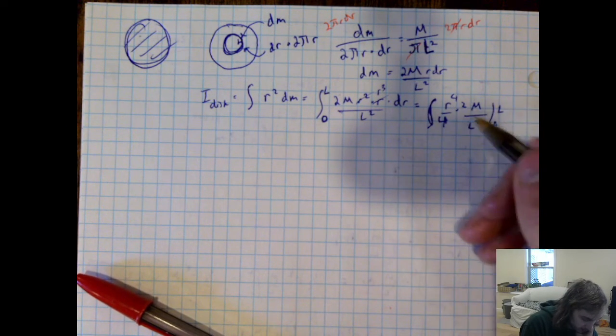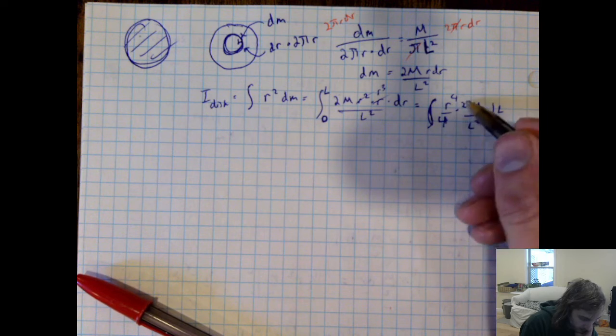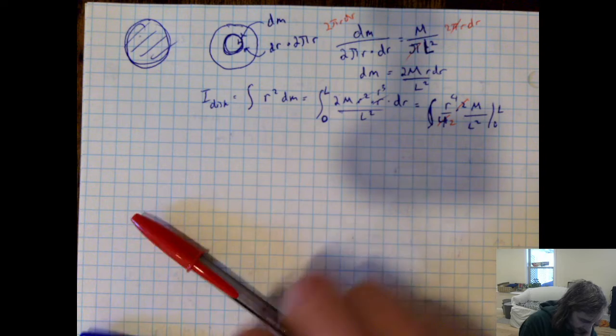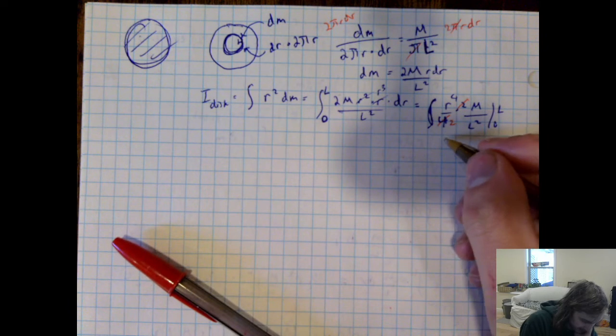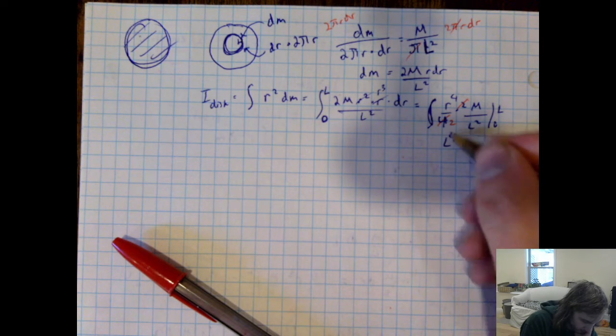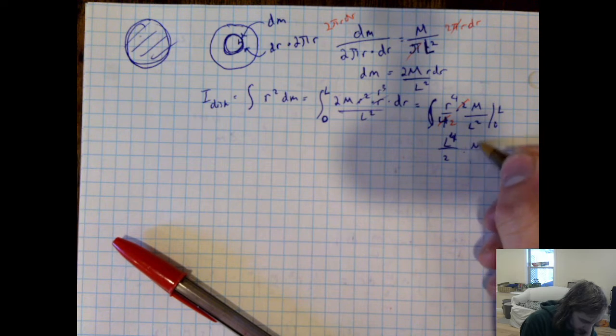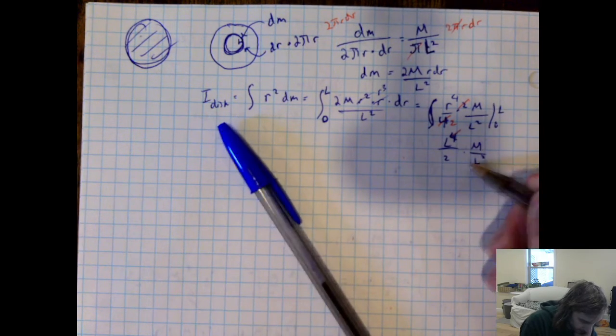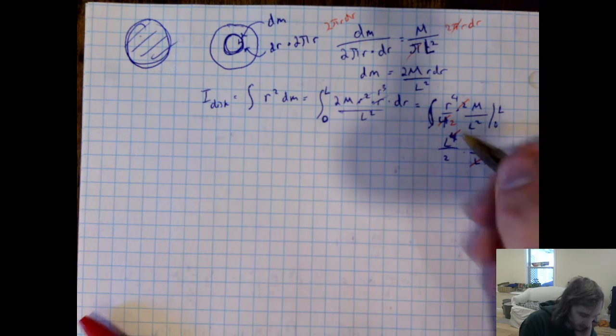If we plug in L, we get L to the fourth over 4. The 2 and the 4 are going to cancel down to a half. And if I haven't made a crucial mistake, we'll get L to the fourth divided by 2 times m over L squared is our moment of inertia.